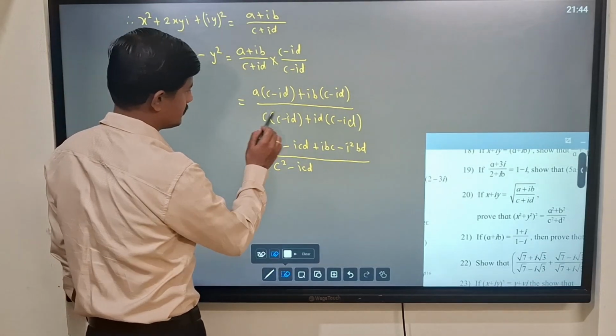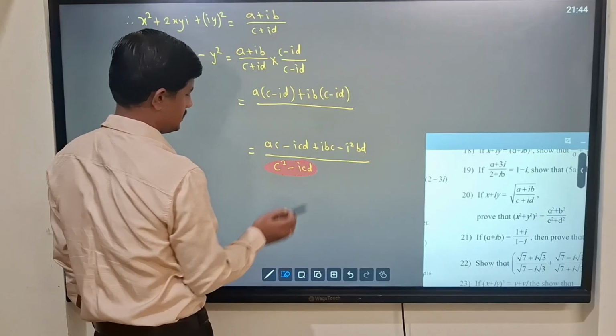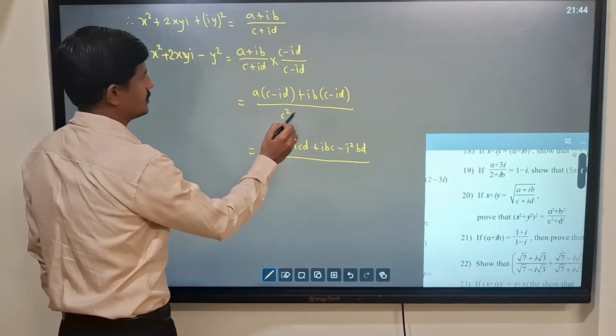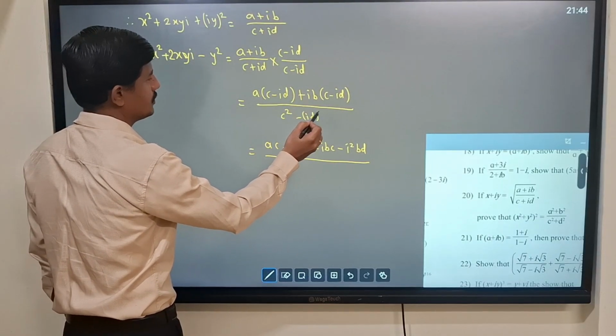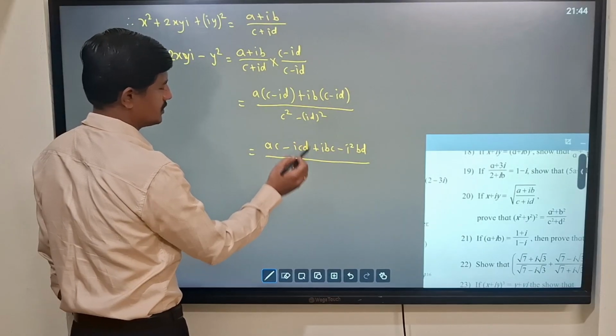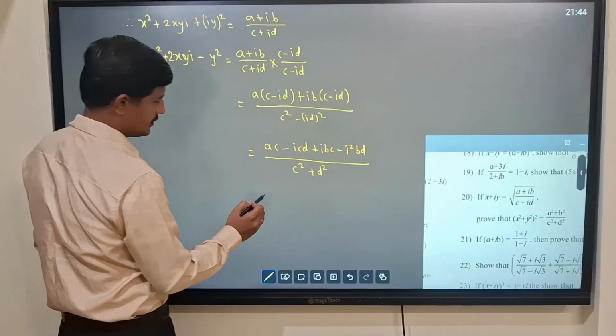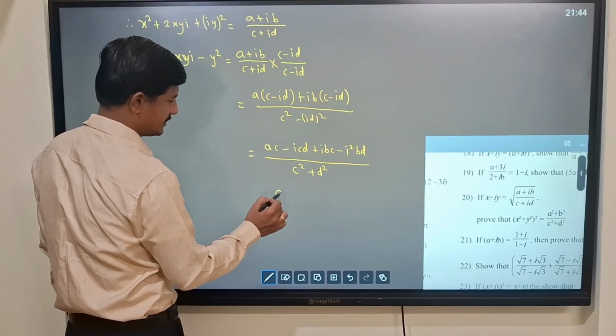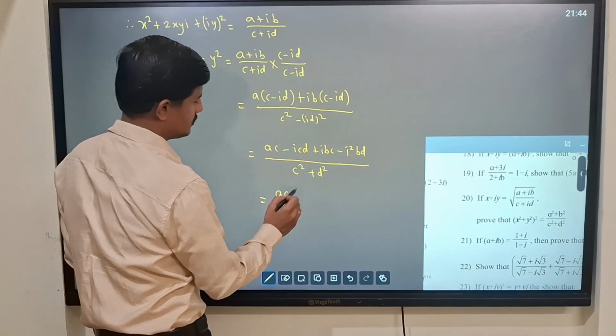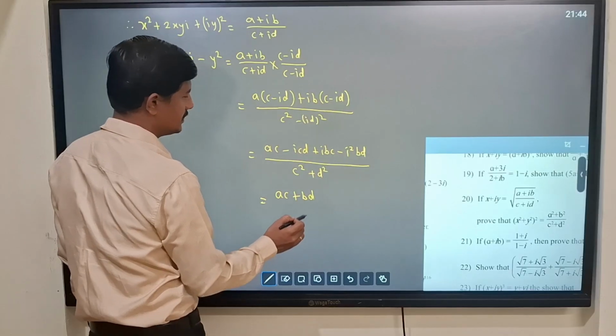Sorry, here instead of this we can use the (a plus b)(a minus b) rule. So this becomes c square minus (id) whole square. So this becomes c square, i square is minus 1, so this becomes plus d square. Similarly, this ac and this i square is minus 1, so this becomes plus bd.